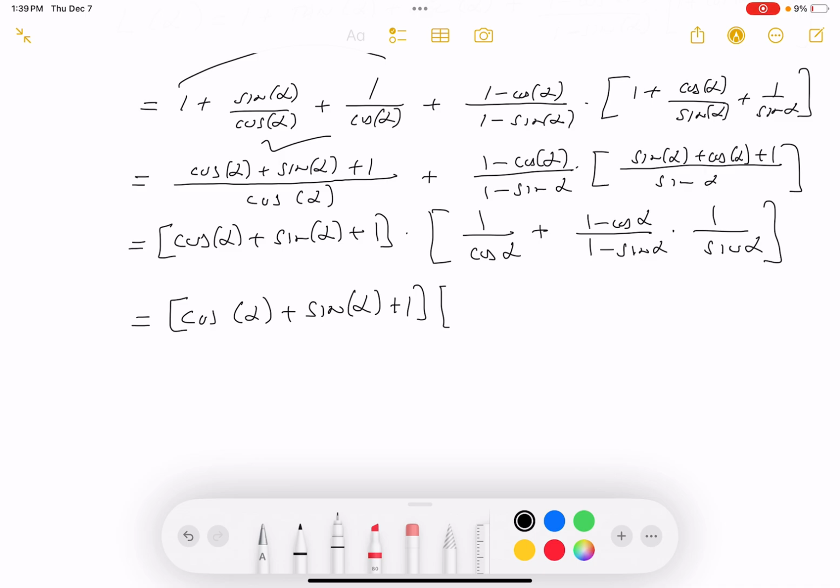This would be 1, and then I'm going to put down cosine alpha. Not much I can do about that. Over here, this looks complicated. I'm going to maybe write this a little differently. I'm going to write it as 1 minus sine alpha times sine alpha. This is kind of disturbing me here. I'm going to multiply top and bottom by 1 plus sine alpha.